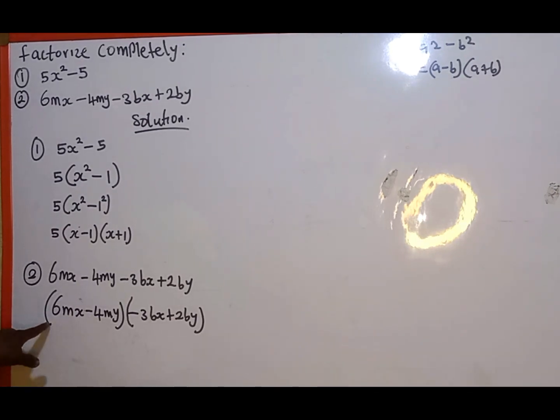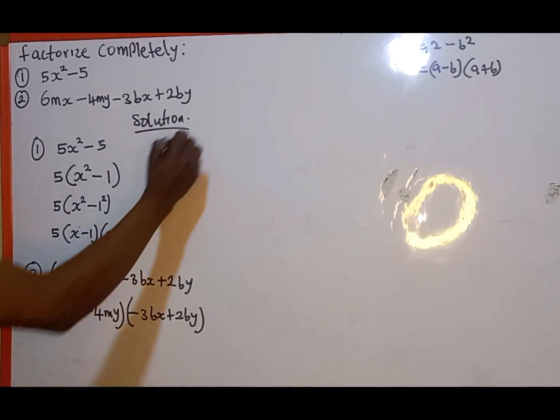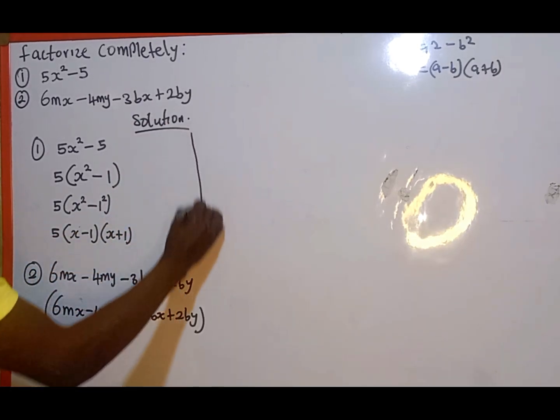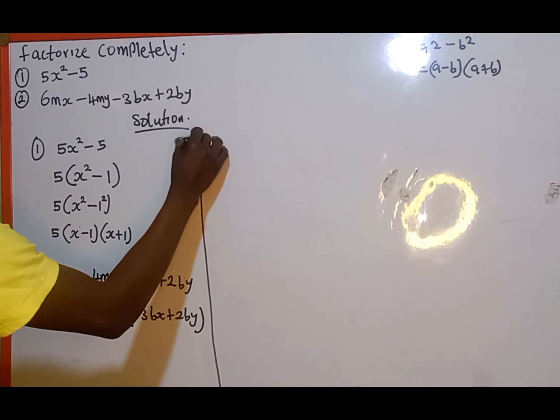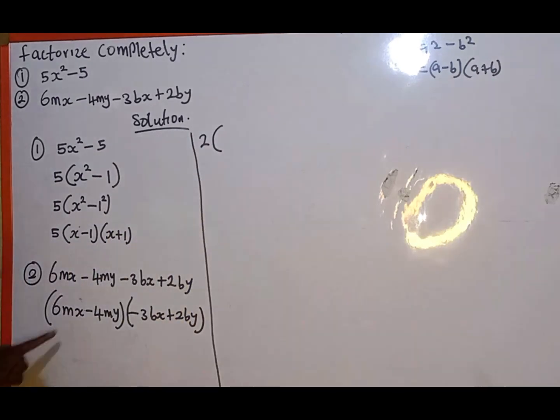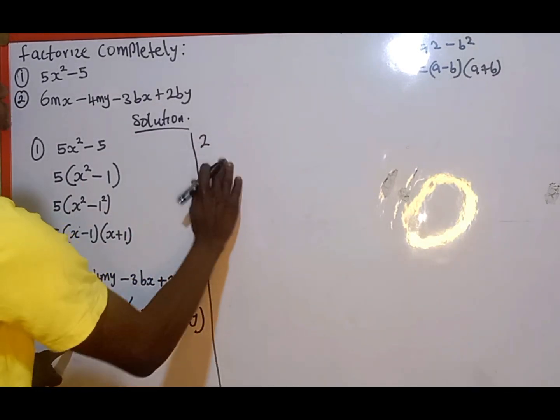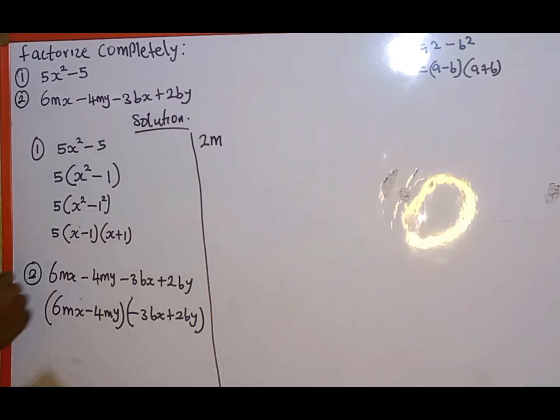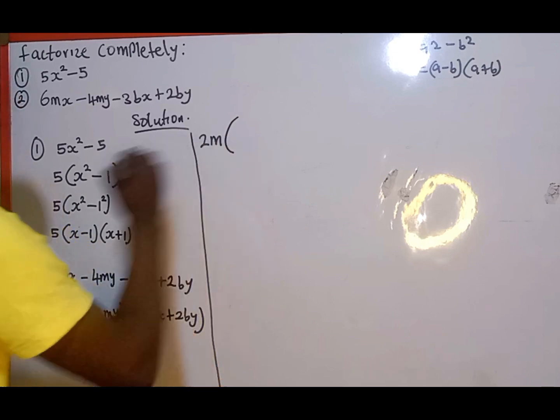Therefore, among these two constants, 2 is the common factor. So we factor 2 out. Also, if you look, m is here and m is here, so m is also a factor. So we have 2m. We have x here and y here, so they are not common. Then we can open bracket.